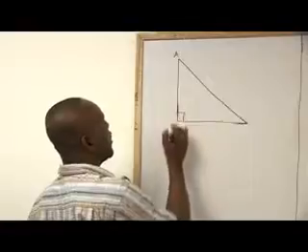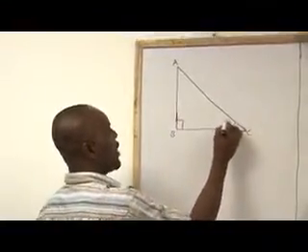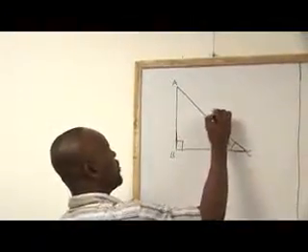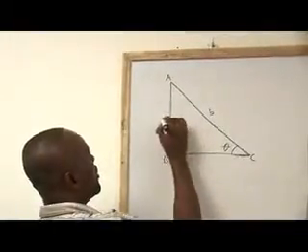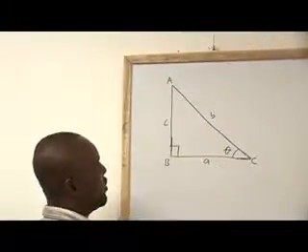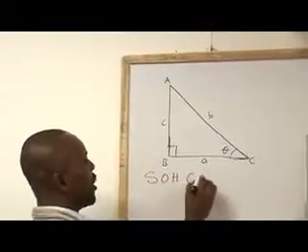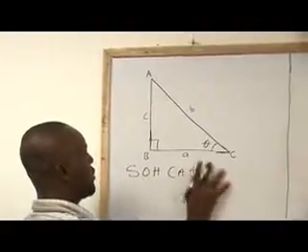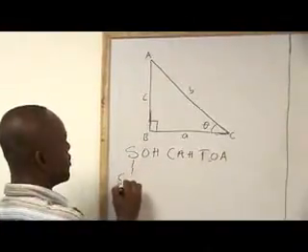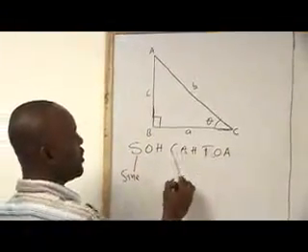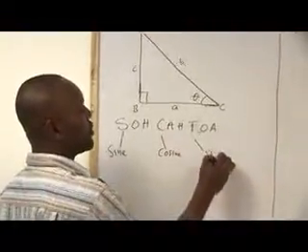We call this A, B, C. This time around, we have an angle given to us. This is B, this is A, and this is C. Your S, of course, stands for sine, the C stands for cosine, and the T stands for tangent.